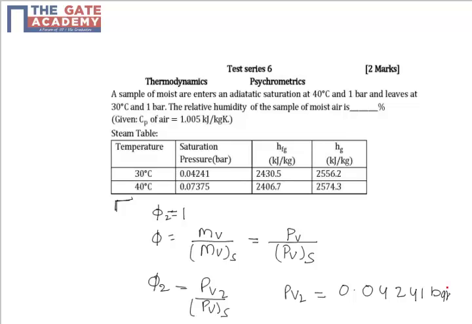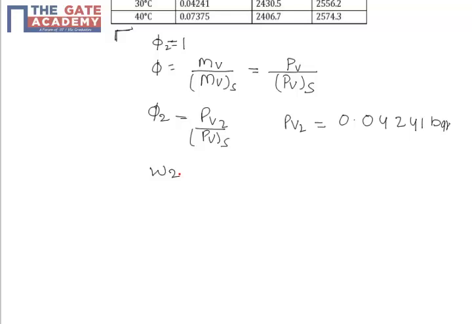Now at point 2, W2 can be written as 0.622 PV2 divided by PT minus PV2, because we know that the specific humidity is a function of partial pressure, and PT is the atmospheric pressure, which is almost constant at every point.